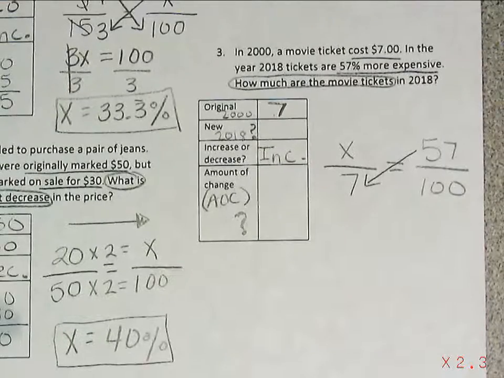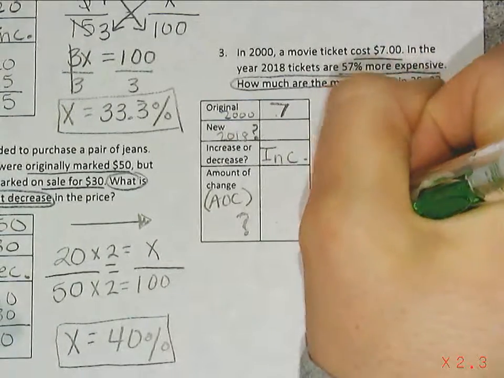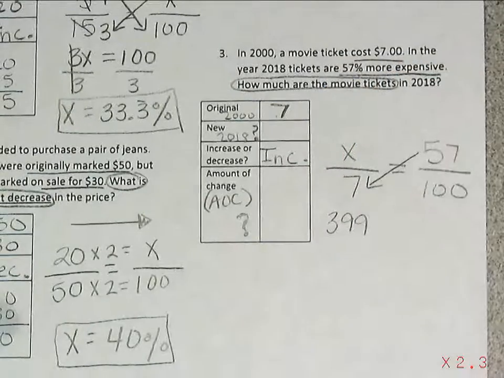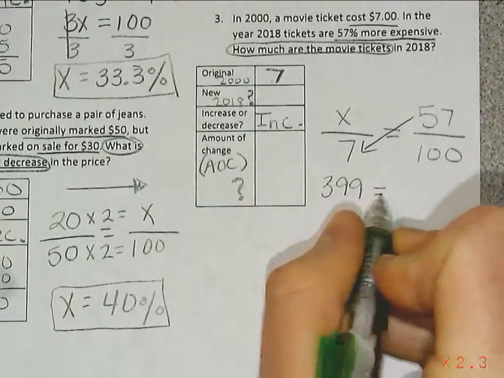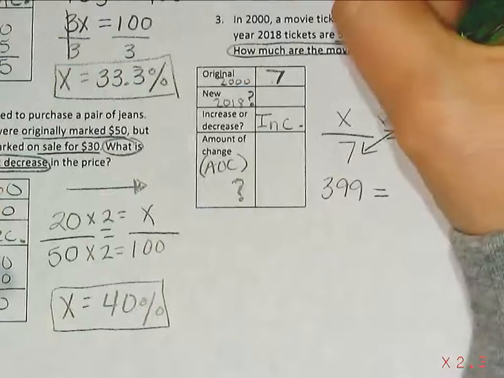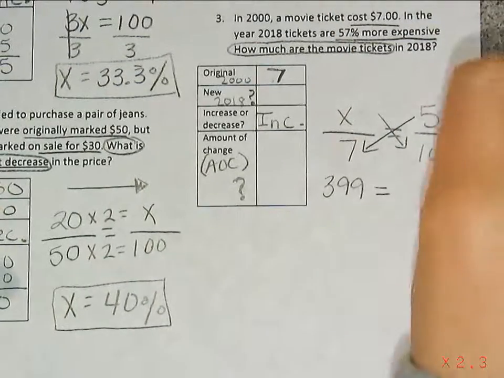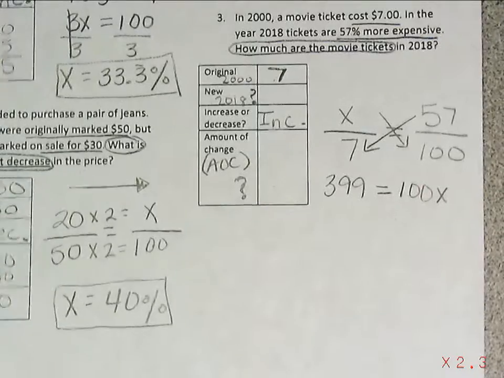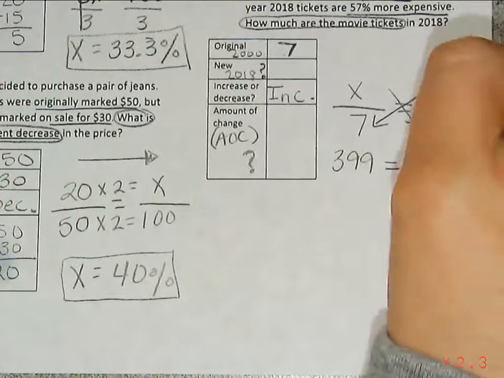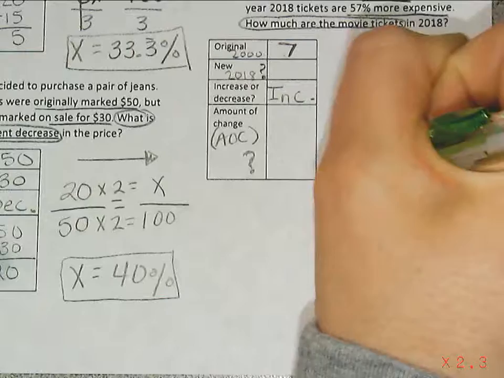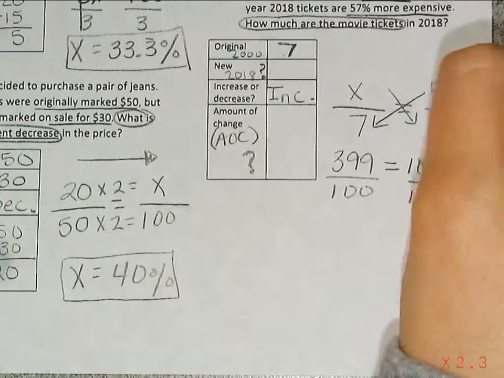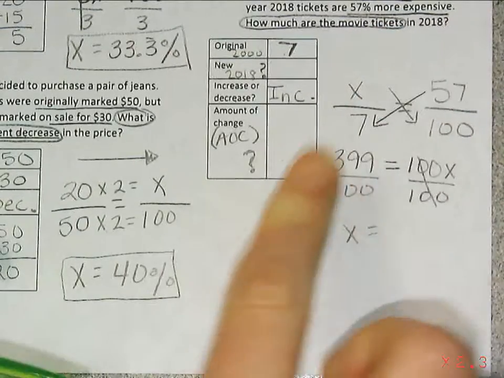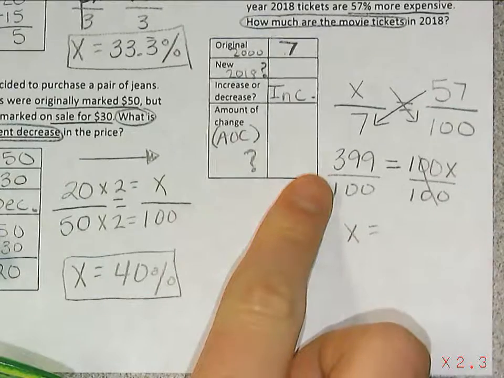57 times 7 is going to be 399. Bring down my equal sign. X times 100 is 100x. We're going to divide by what's attached to x on both sides. So I divide by 100. And now I'm doing 399 divided by 100.